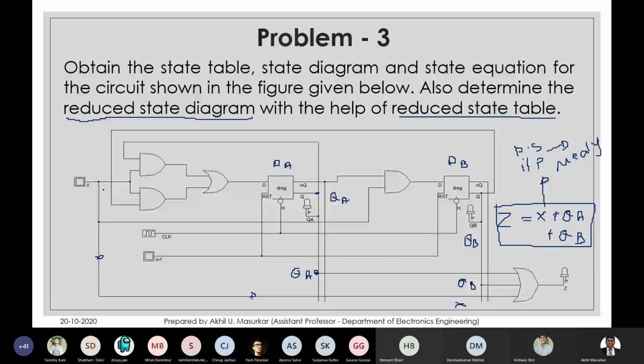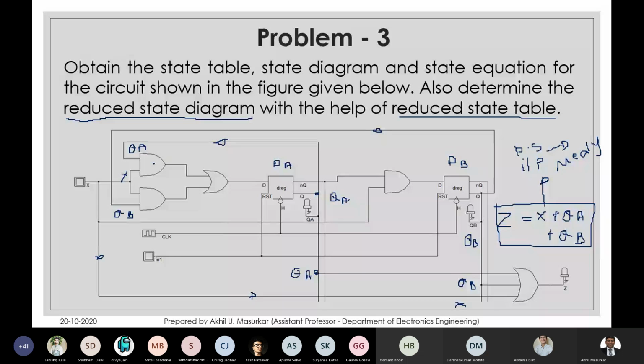Now, some backtracking is important here. You can again see here that we have QA. This is X. And if you look at this term, this is going to be QB.